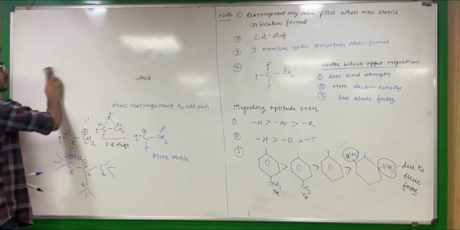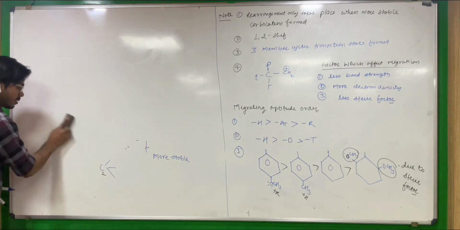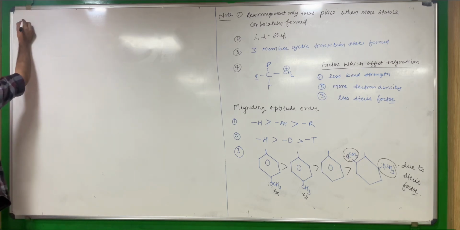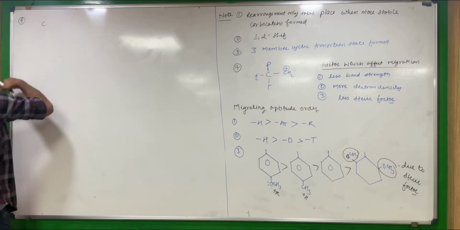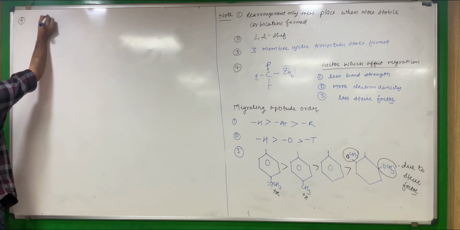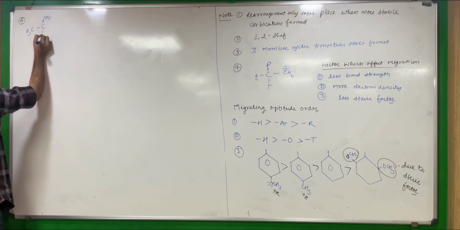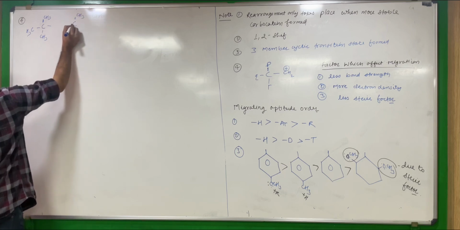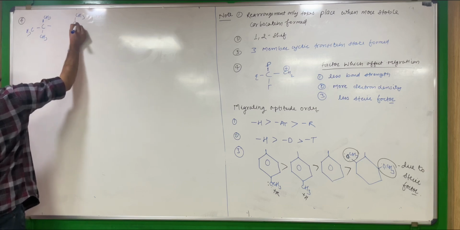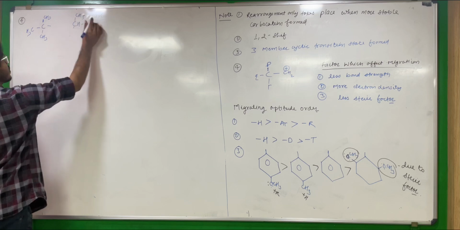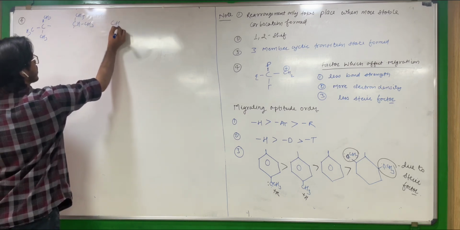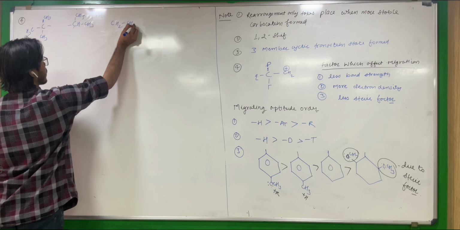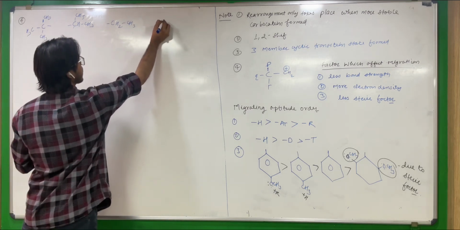Now we'll see the fourth one. Between 3° alkyl group or 3° carbon, 2° carbon, 1° carbon, and next this one.